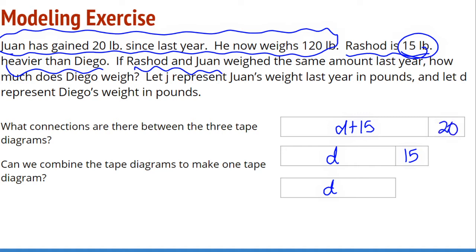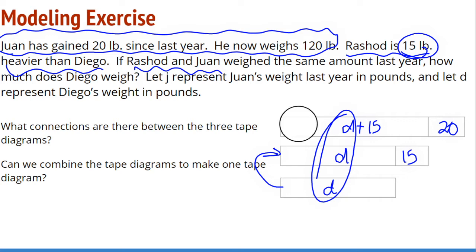So the connections that I see in these tape diagrams are that this is equal to this. So instead of calling this R plus 15, Rashad plus 15, I'm going to call this Diego plus 15. So I can express this entire problem using one variable instead of three variables.